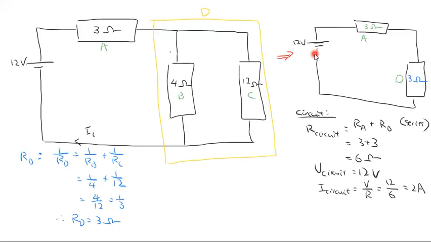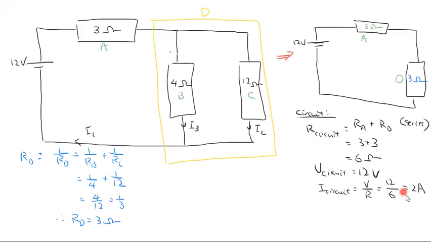I1 basically is just asking what's the current through the circuit, and that is just 2 amps. They've also got I2 and I3 there, which basically means you want to work out the current going through each of them, and we'll do that shortly.